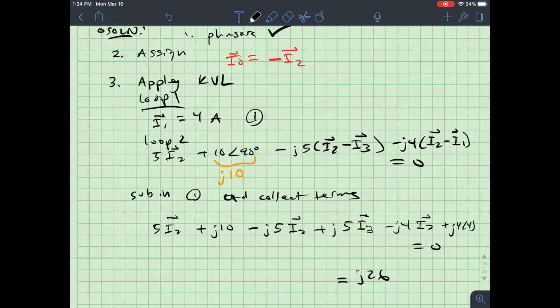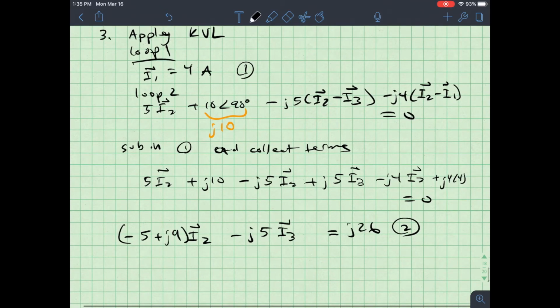And then if I combine all the I2 and I3 terms together, moving those to the other side, I've got negative 5 plus j9 times I2 minus j5 I3. All right, I've got another equation down.